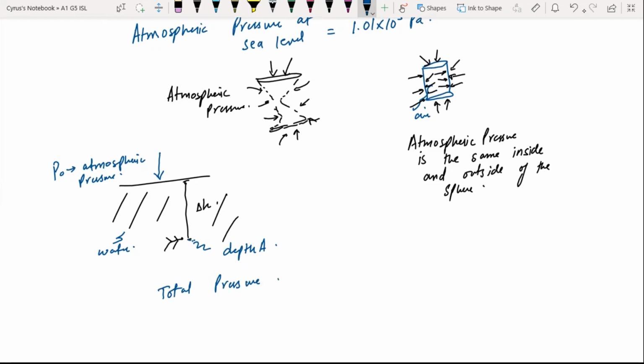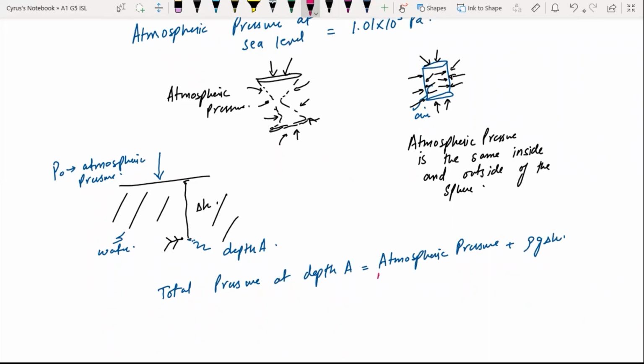The total pressure at depth A is the atmospheric pressure plus rho g delta H, right? We have here the atmospheric pressure.